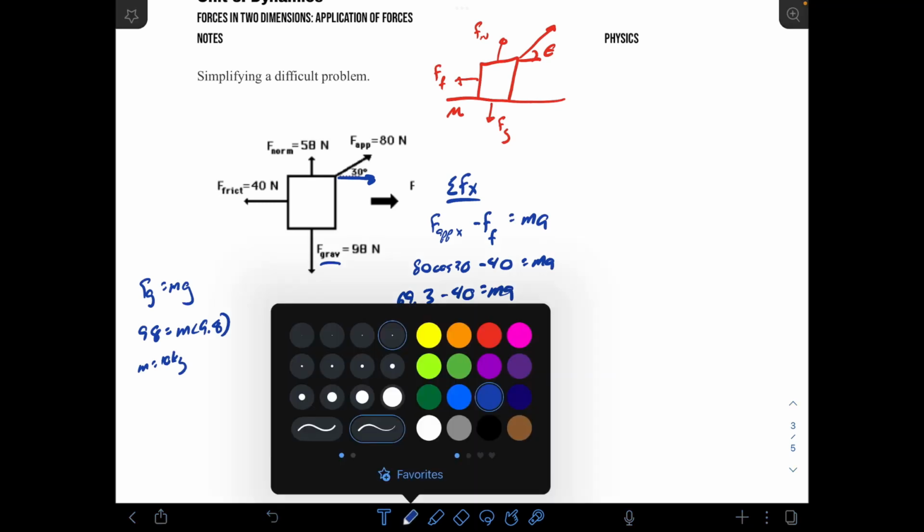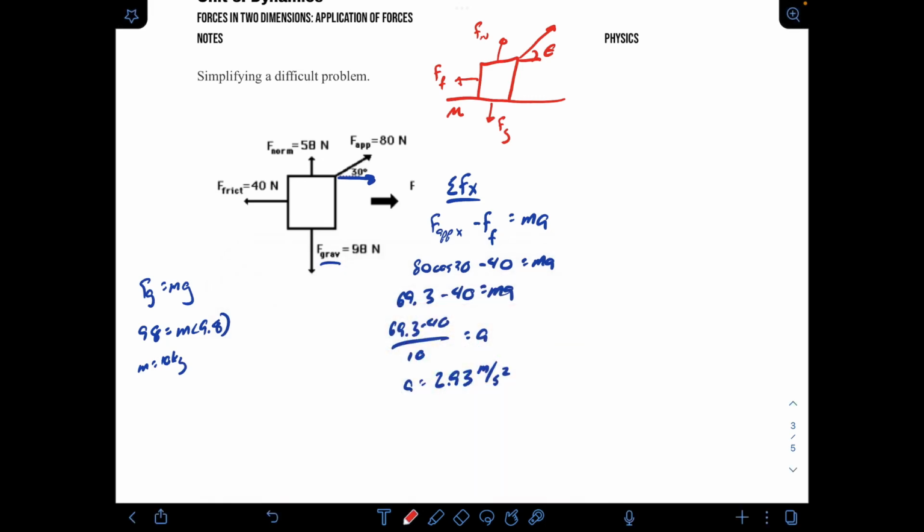In the y direction is kind of interesting what happens here. In the y direction, we can assume that it's not accelerating. So in the problems we're going to be working on, we're assuming it doesn't accelerate vertically for the moment. And I'll let you know when that does happen, right? So the applied force, remember, it has that y chunk we're going to be looking at.